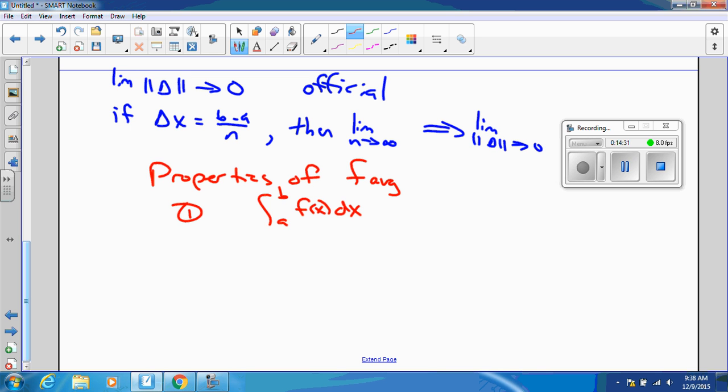The net signed area under f is easily computed as f average times b minus a. And that literally is a matter of multiplying both sides of the definition by b minus a. What this means is that if I happen to know the average value, I can find the net signed area under the curve with simple multiplication instead of having to hit it.